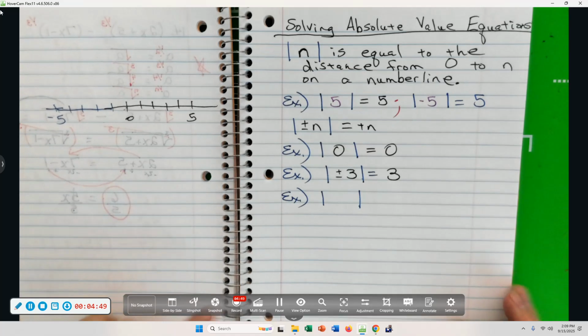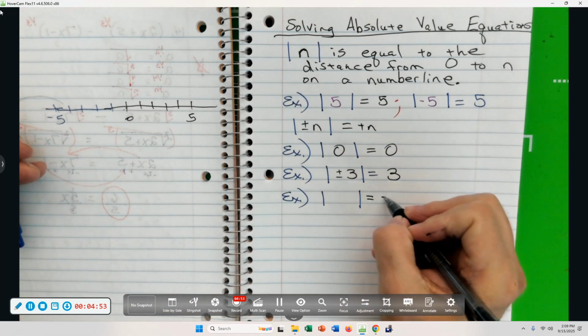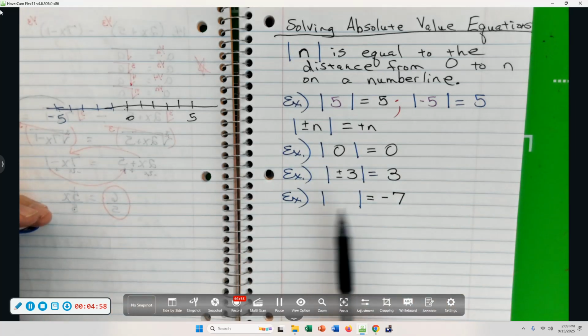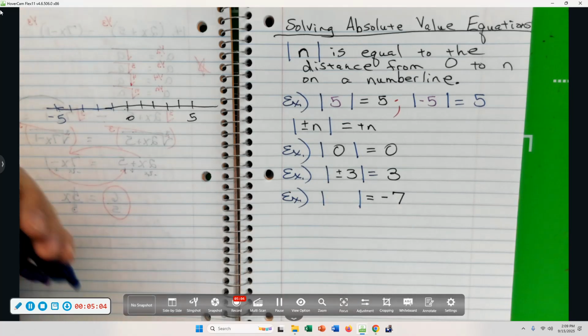Okay. Oh, I have a good one. How about what can you take the absolute value of to get -7? What can you put inside those absolute value bars so that the absolute value equals -7?